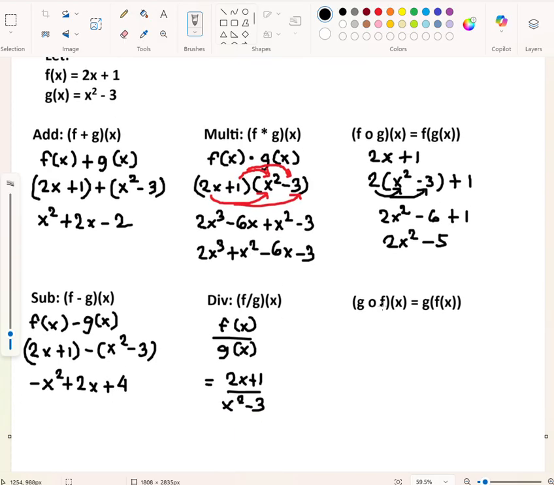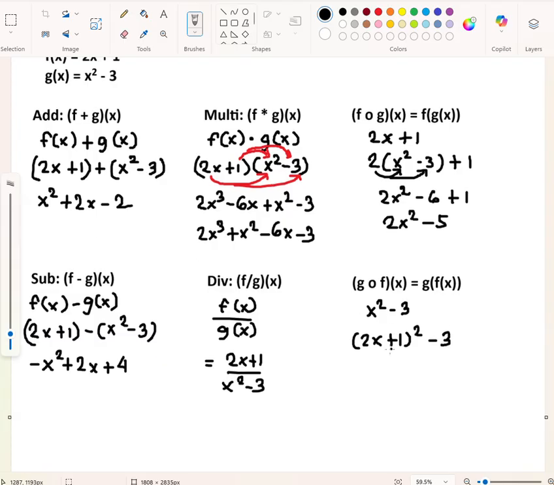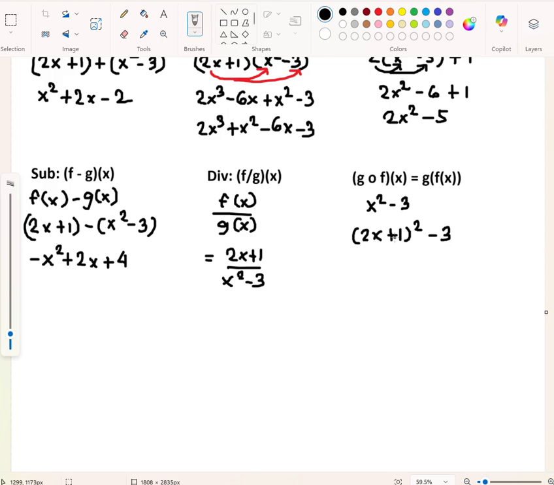Next, g composition f of x. First, the g of x is x squared minus 3. Then we need to substitute the x for the f of x. So it is 2x plus 1 squared minus 3. Here you can use a shortcut method.